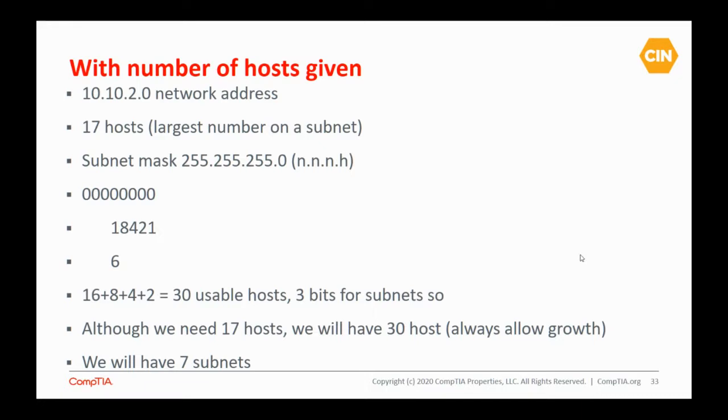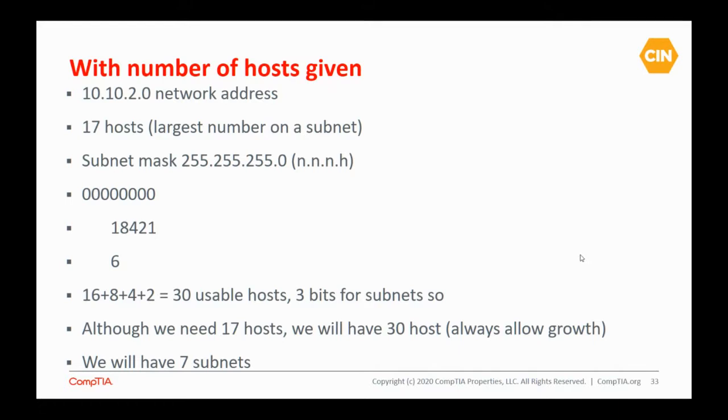And if you just made it exactly to the size of the number of hosts that they have now, you'd have a problem. But we got to allow extra anyway in this case, because 17, if we had 16, we'd actually be able to get by, drop it down one, okay? But since we need 17, we got to go up. Actually at 14, we would be able to get by with one less, but since we got more than 14, we got to go to this next position. So we've got growth on there.